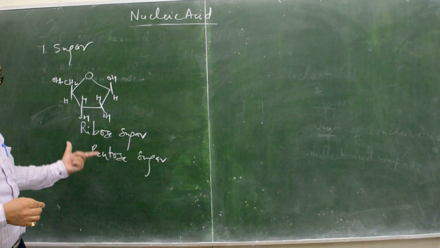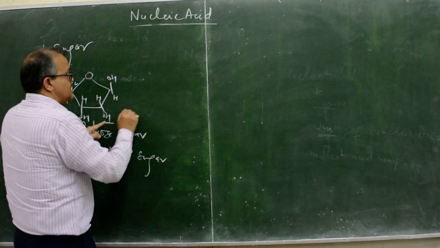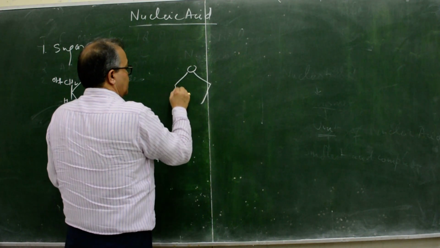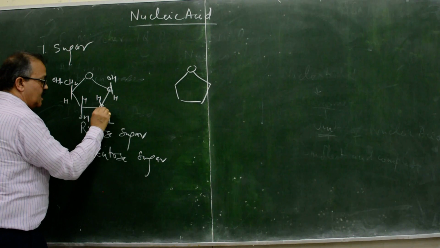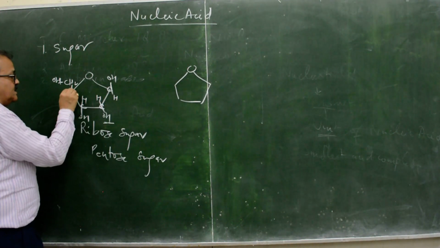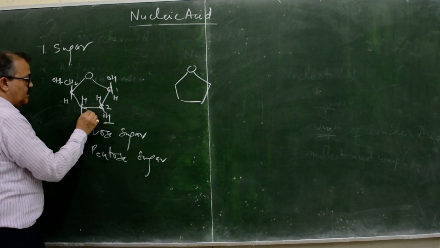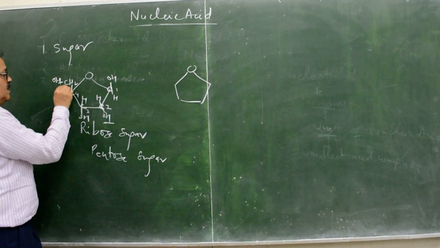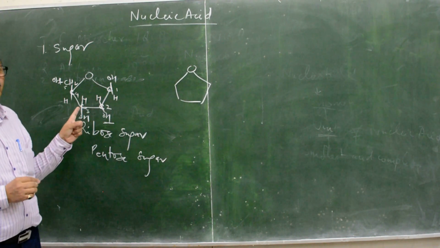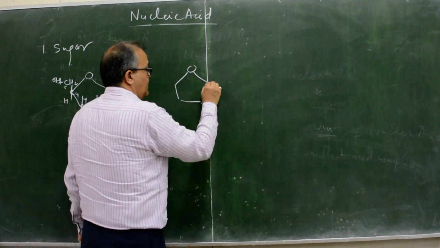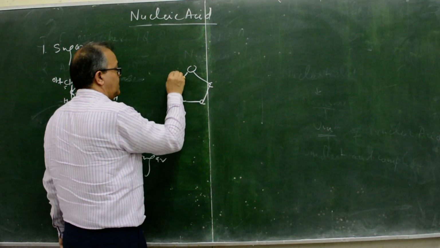This is the normal ribose sugar. When numbering, you will see carbon number 1, carbon number 2, carbon number 3, carbon number 4, carbon number 5. This is the numbering pattern of this ribose sugar.